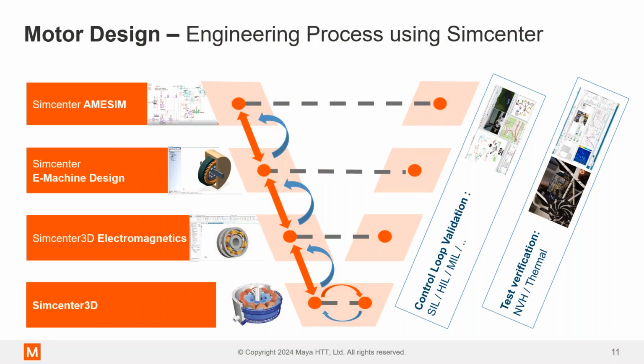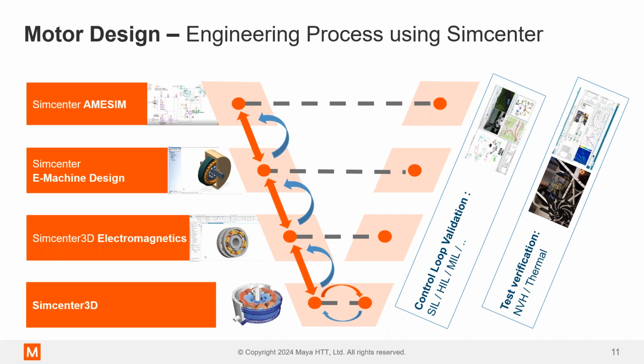When we looked at the levels of simulation, now we're going to talk about where we can get those different levels of simulation from the Siemens SimCenter suite of tools. I've replaced the titles of each level with the product names. For the overall system platform level simulation, we'll talk about SimCenter AIMASIM.